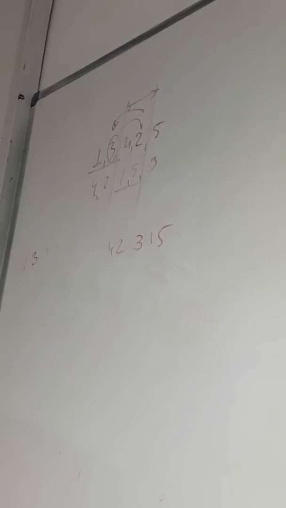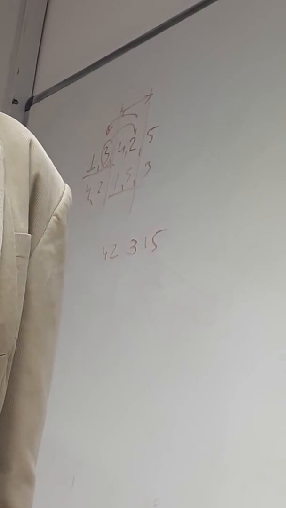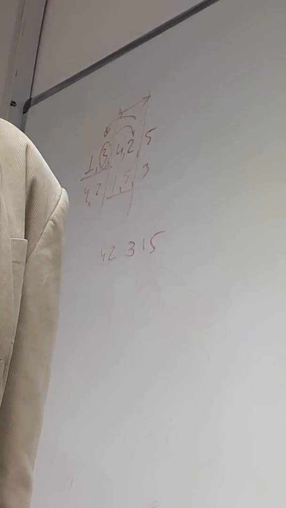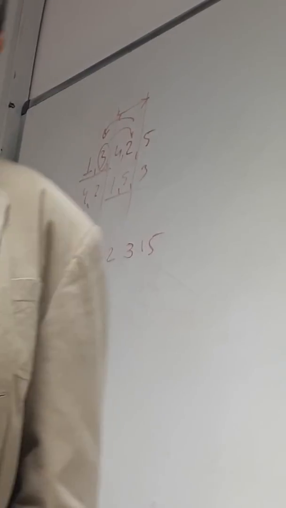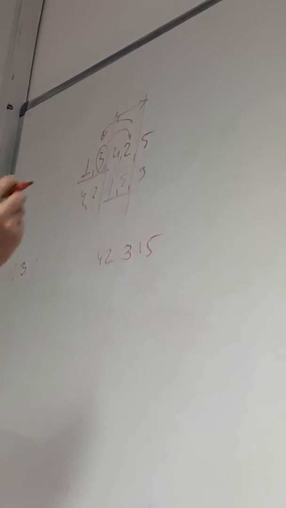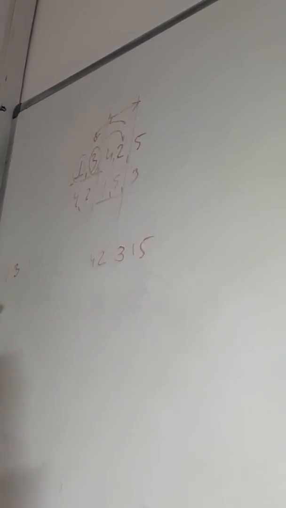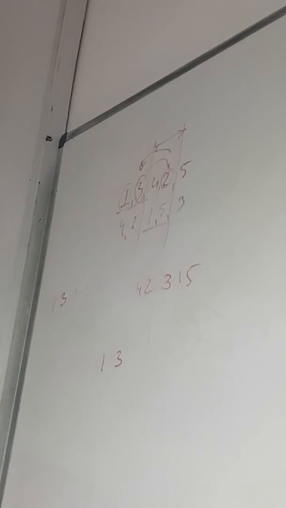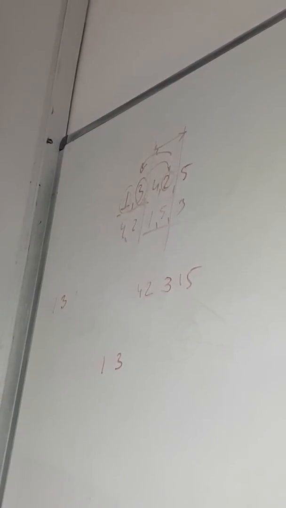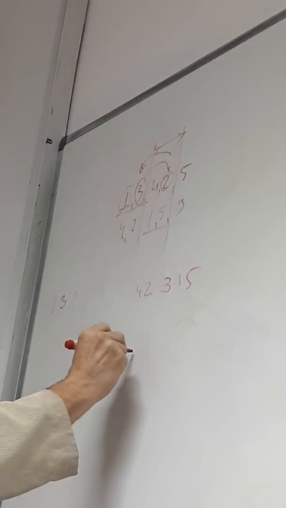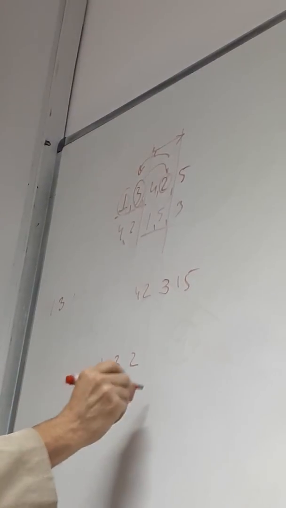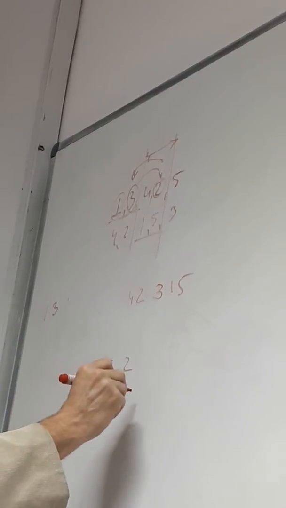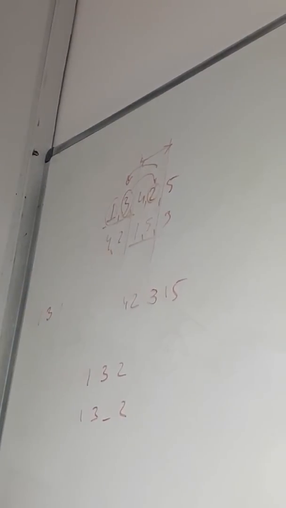Endpoint selection. Select endpoints at random from the first parent and copy remaining points from the second parent. It's the same, assuming that we want to copy 1, 3 and 2. So we do 1, 3, and now we have a choice. These operators are very flexible. You can modify them. So we can add 2 after this, or we can leave a place for a new city and maintain position.